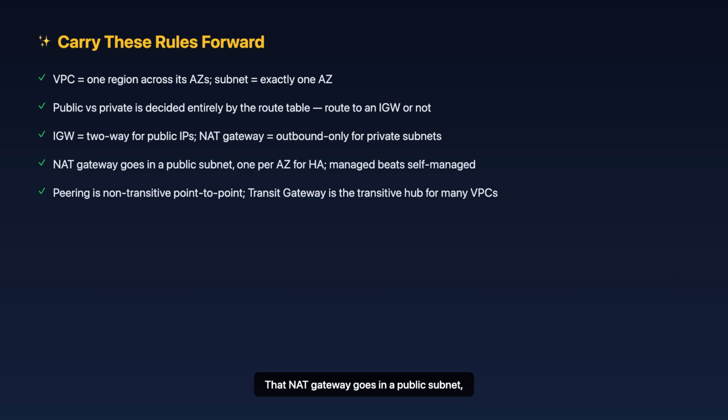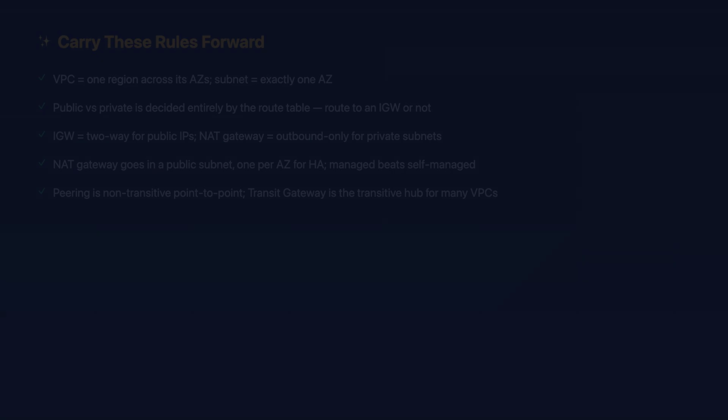That NAT gateway goes in a public subnet, one per zone for high availability, and the managed gateway beats a self-managed instance. And to connect VPCs, peering is non-transitive and point-to-point, while transit gateway is the transitive hub for many VPCs. Now let's see how well all of that landed with a quick 5-question quiz.